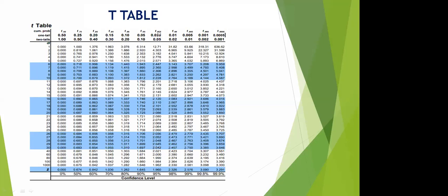And if we are considering a one-tailed test, the table value will be 1.699. So this is the way we find the table value, and this method is applicable for all the statistical tables.